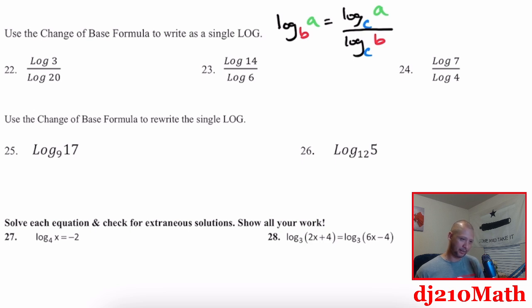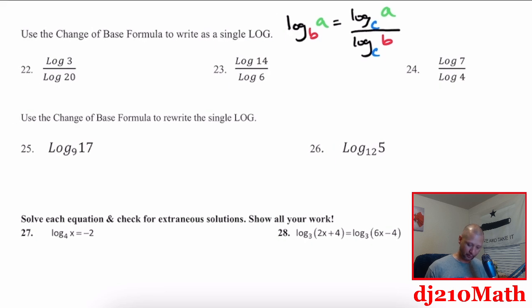So what we're saying is you have a log, base whatever, argument whatever. You could rewrite this using some new base as long as the argument goes up with the new base and the old base goes down with the new base. And then you can go back and forth.